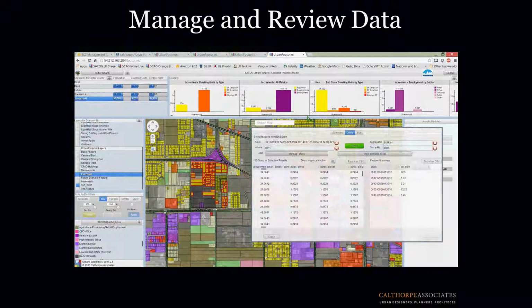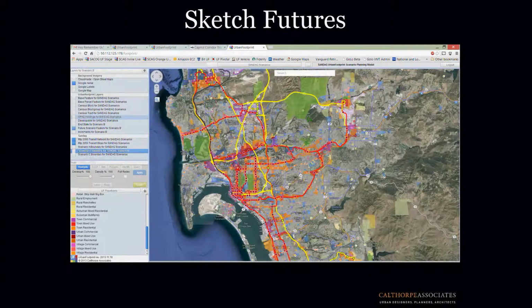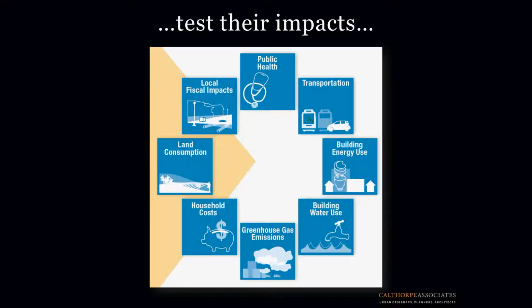And then there's the ability to sketch futures. This is a shot of the San Diego region and some of the SCS alternatives we worked on with them in the fall. But really it's sketching futures and then testing their impacts on this range of indicators that we had talked about. It is this full range that moves the policy needle and changes the discussion.